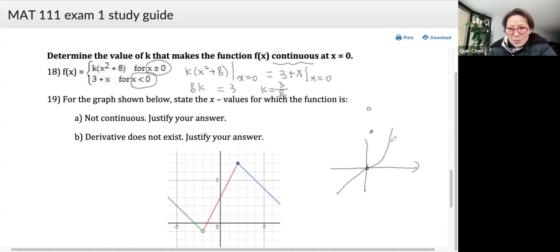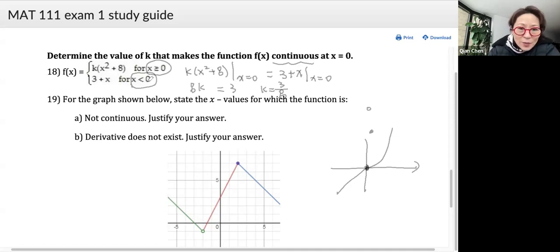So this is a line, this is a parabola. So at 0, they have to meet. Which means they have to have the same point. They have to meet at this point. So that's why we just plug in 0 for x for this, and this has to equal that.